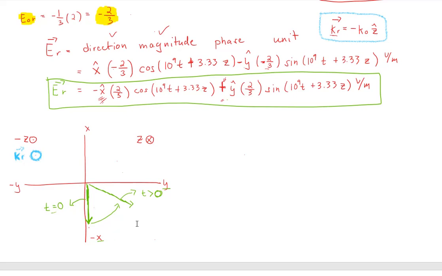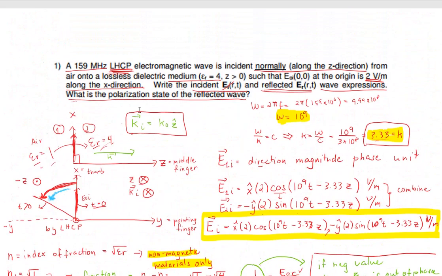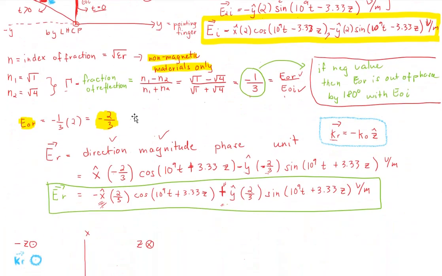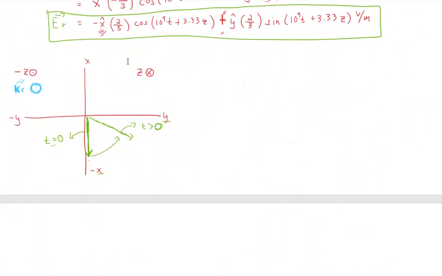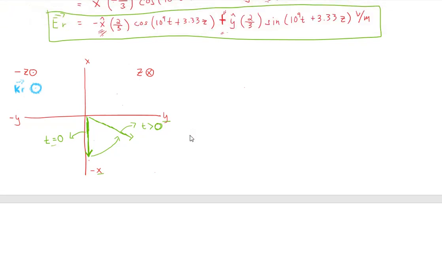Alright, now how does that answer whether it's right hand or left hand circularly polarized? We'll do this. Alright, so let's write it down. RHCP or LHCP. Right? So let's take a pick.